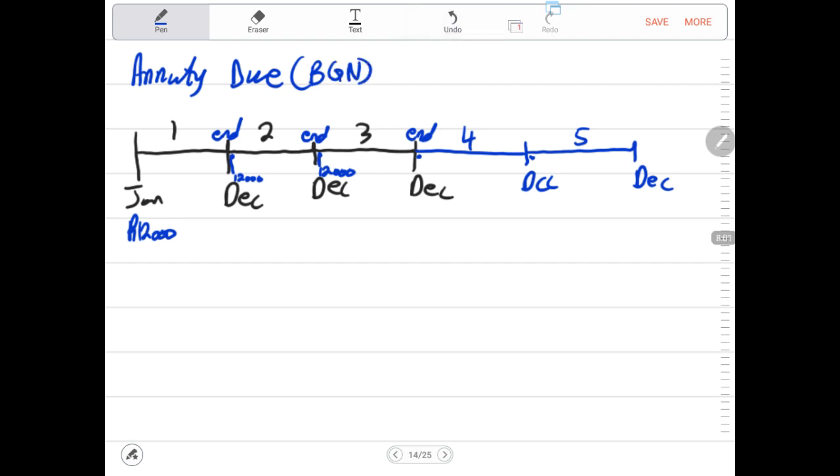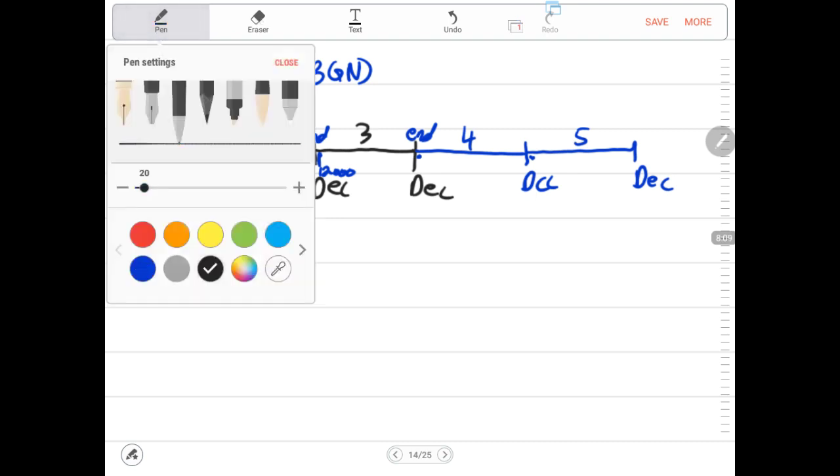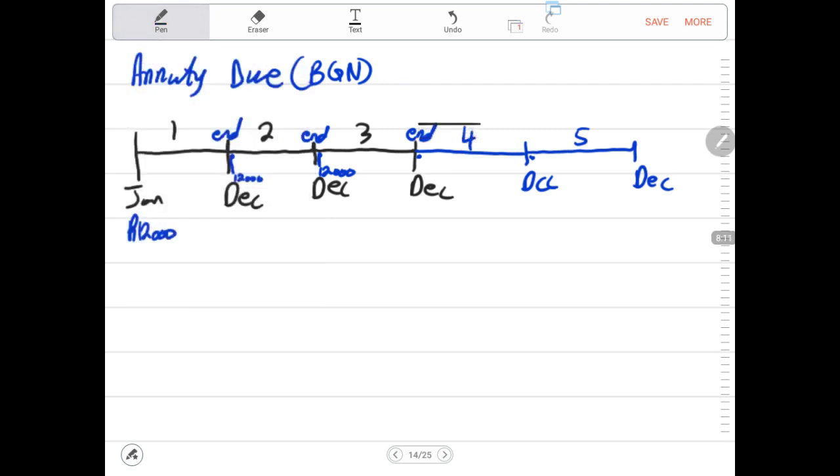The reason why we are going to use BGN is because we have to look for the future value at the end of year 3, not at the beginning of year 3. Remember, 12,000 was borrowed in January, another 12,000 in January of year 2, and another 12,000 in January of year 3.